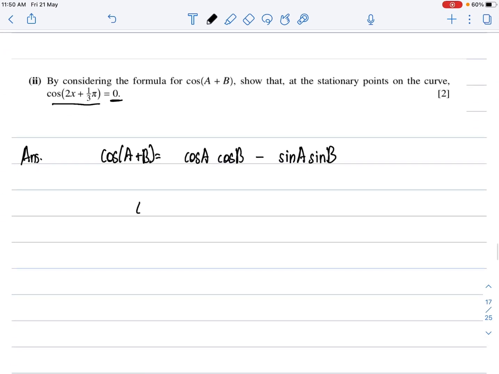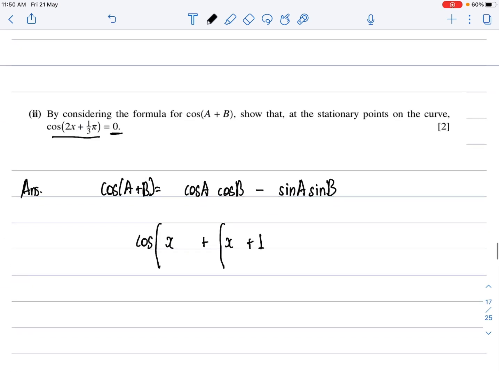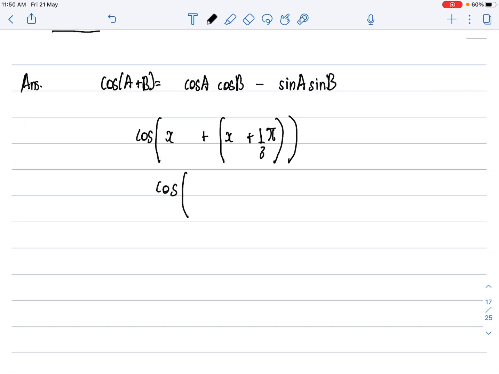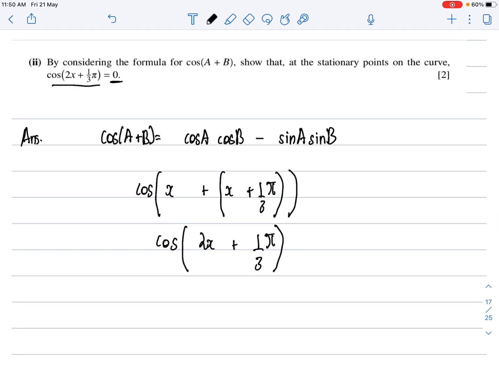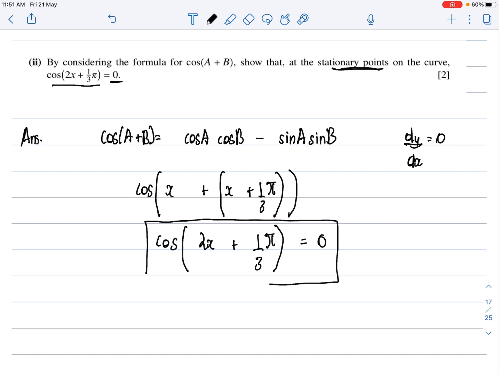So I can simply write this as cos of (x plus x plus 1/3 pi), which can be written as cos of (2x plus 1/3 pi). Now I need the stationary point. I know at the stationary point my gradient or my dy by dx is equal to 0. So I can simply equate this to 0. Okay, so this is what I needed to prove.